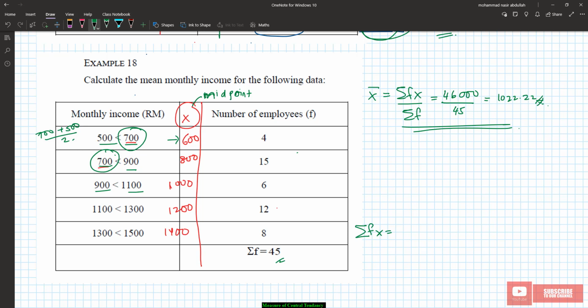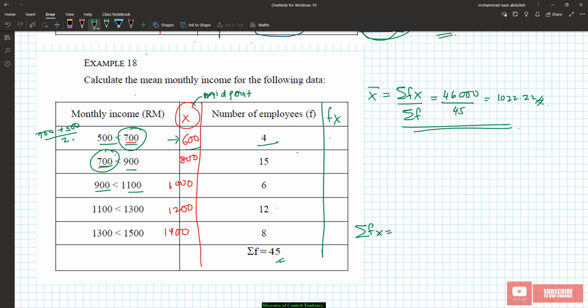As I said in the first class, I already told you, if you want to make calculation easy, find this type of calculator. If you don't want to, then you need to calculate fx manually, like 600 multiplied by 4 is 2400, and so on.